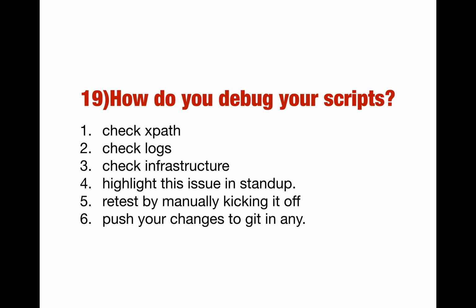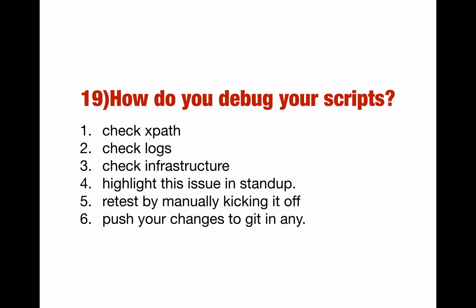If XPath is correct, check the logs. Definitely, a framework without logs doesn't exist. So make sure your logs are tracking correctly, and see if they are showing any errors. Check the infrastructure, whether all the dependency jobs have run for that day or not. If you still see the issue, highlight it in the stand up and bring it to the attention of the broader team.